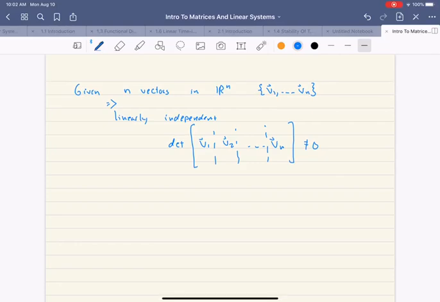And if they are linearly dependent, then the determinant of the columns given by the rows, as you might guess, equals 0.